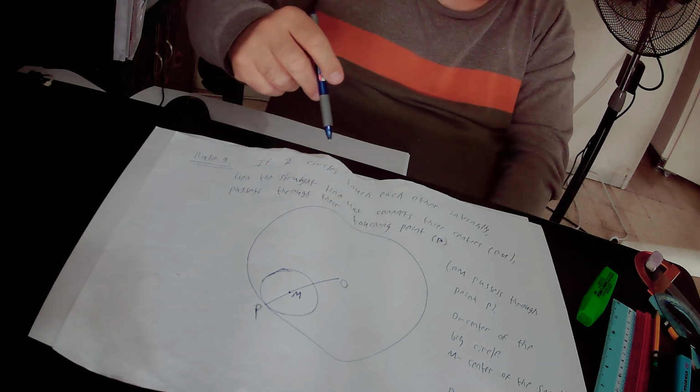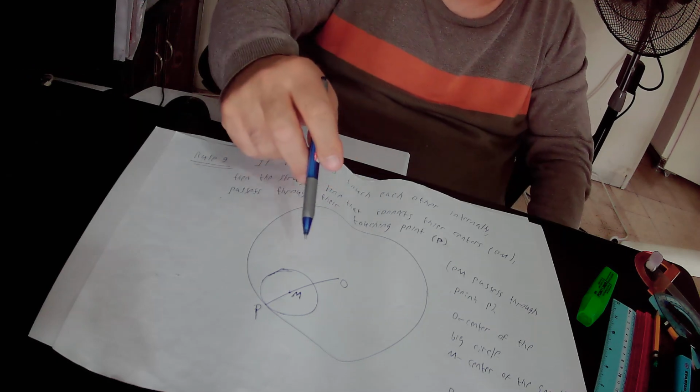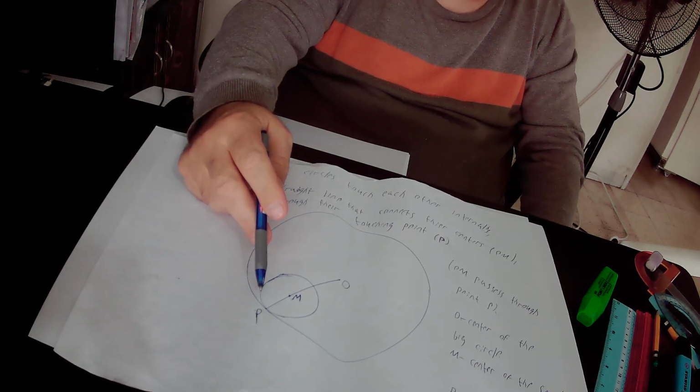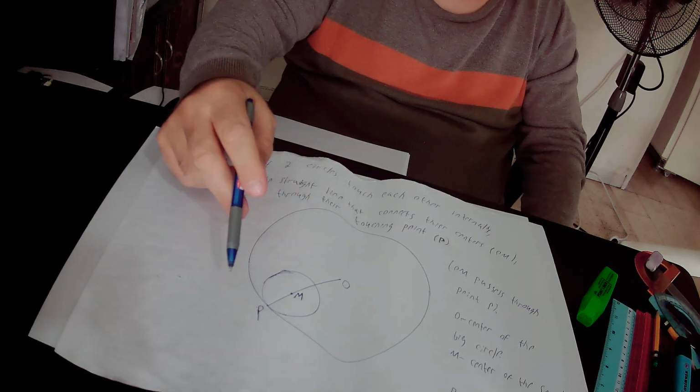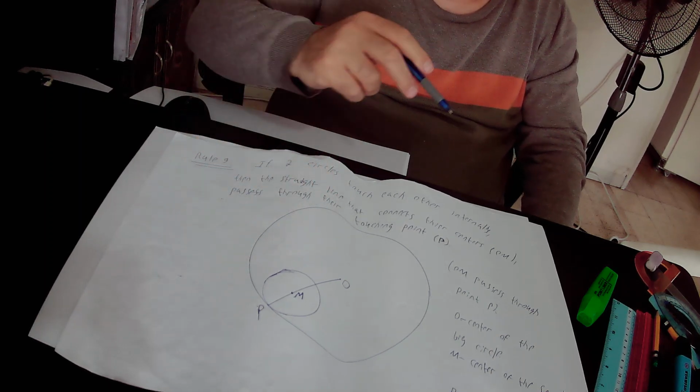According to rule 9, the straight line OM must pass through the touching point, that is point P. Or OMP is one straight line.